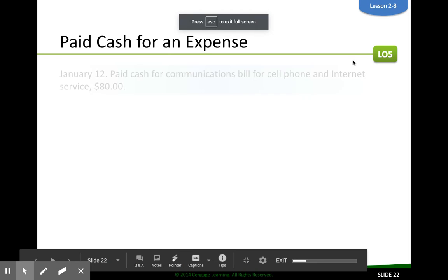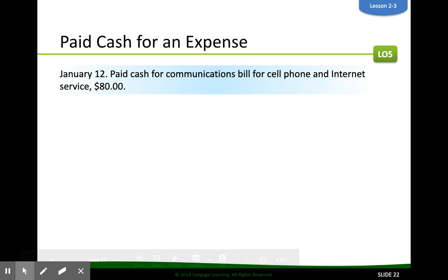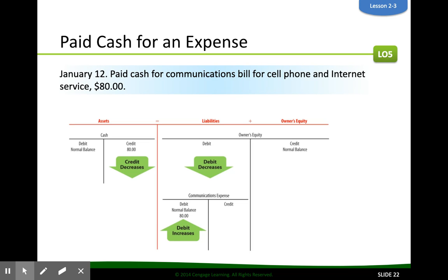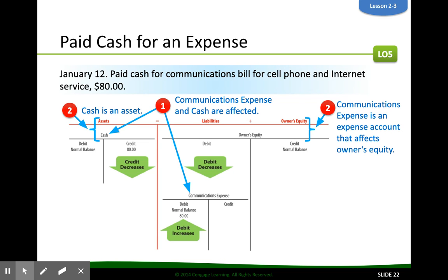So this transaction, let's walk through the 4 questions. Paid cash for communications bill for cell phone and internet services, $80. So cash and our communications expense, those are our 2 accounts. Cash is an asset. Communications expense falls under owner's equity.